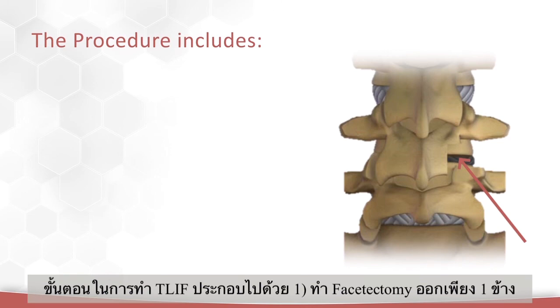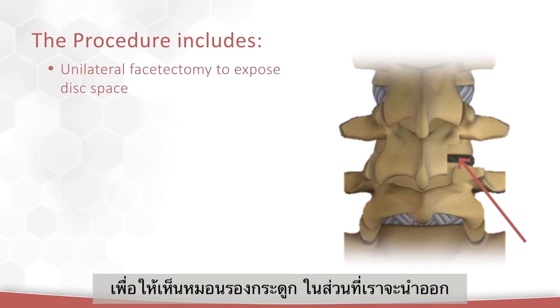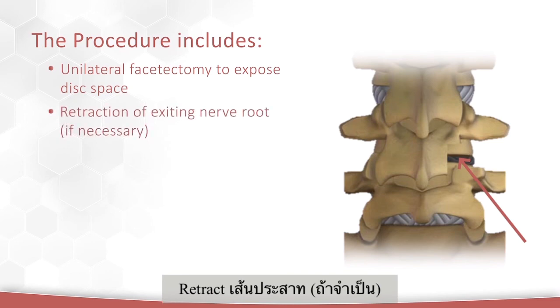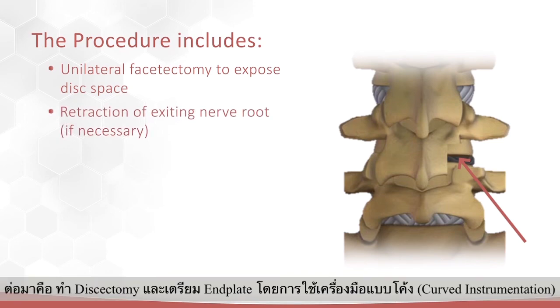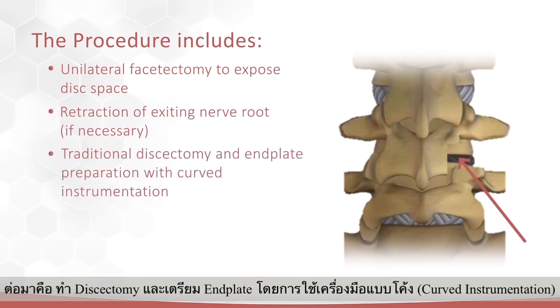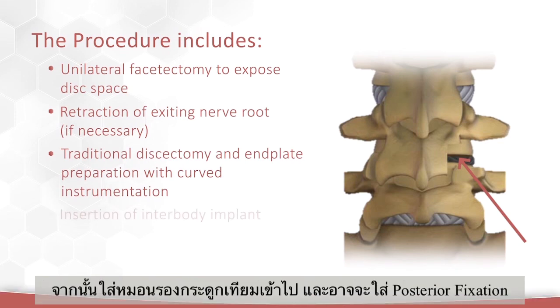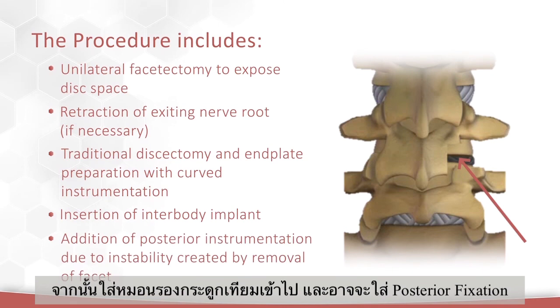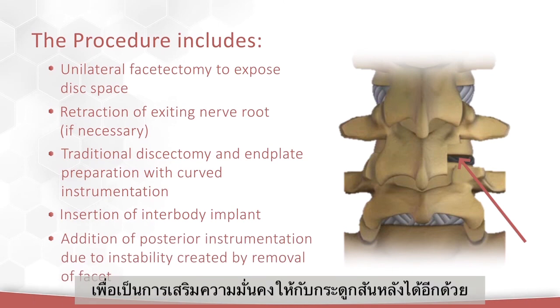The procedure consists of a unilateral facetectomy to expose the disc space, retraction of the exiting nerve root, traditional discectomy, and end plate preparation with curved instrumentation, insertion of an interbody implant, and addition of posterior instrumentation due to instability created by removal of the facet.